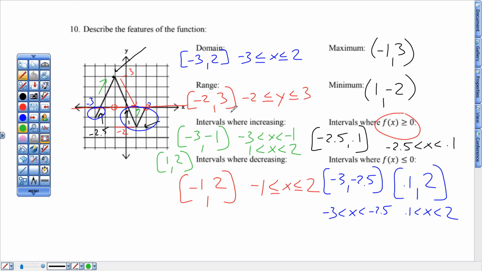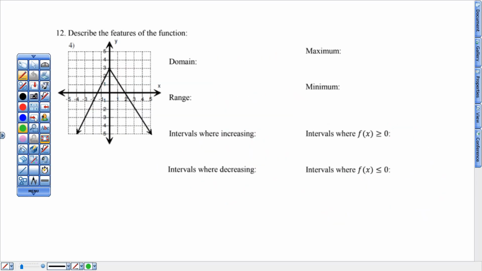Okay, let's keep going here. So, next problem. All right, it wants the domain and the range. Looks like with these arrows, I have my domain going from negative infinity to positive infinity. If I was to write that in interval notation, it would be negative infinity, comma, positive infinity.